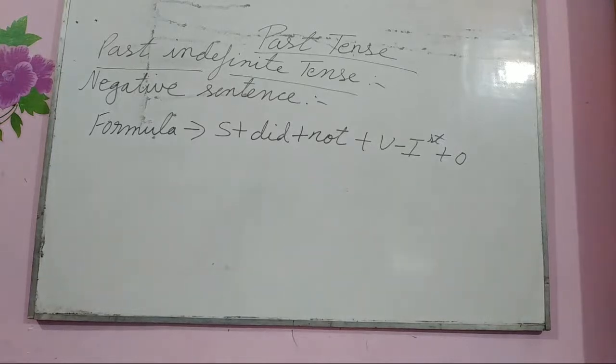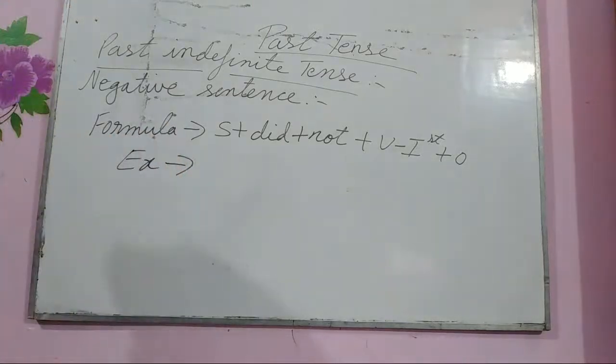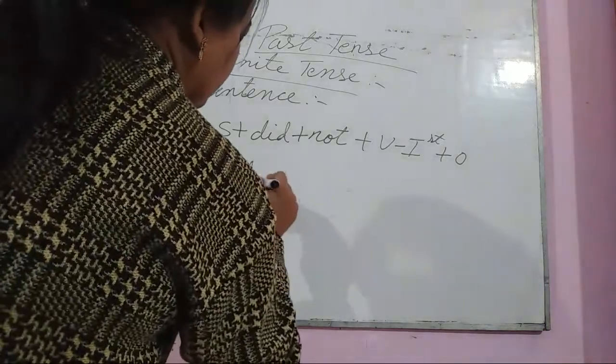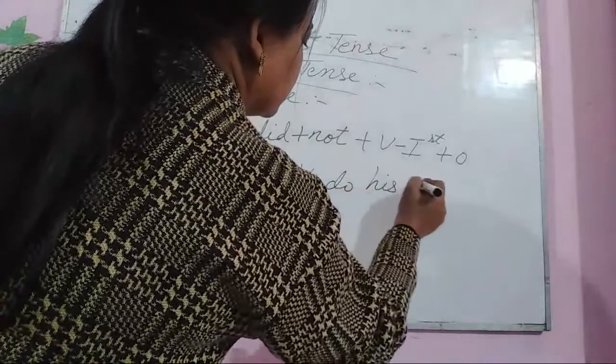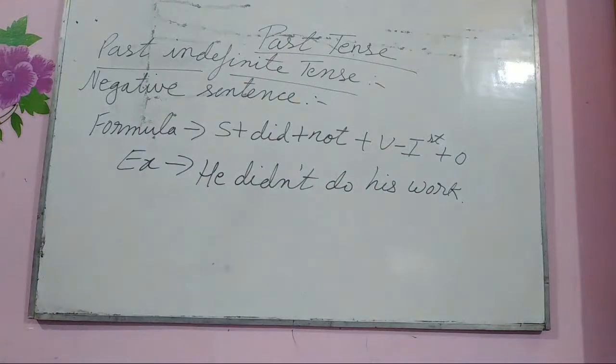Now to make it more clear, let's understand with the help of an example. The example I am writing regarding the formula for the negative sentence in past indefinite tense is, he didn't do his work.